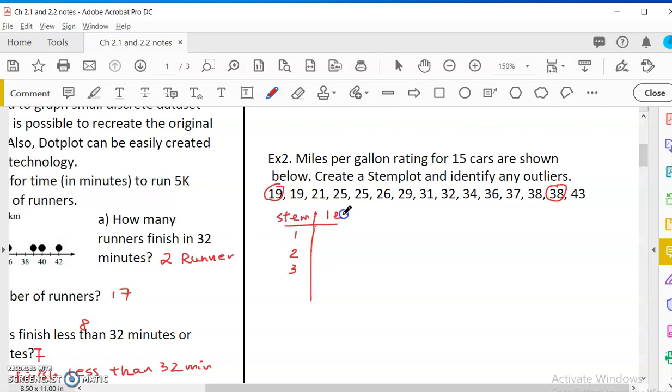The leaves are the last digit. So I have 19, another 19, 21, 25, 25, 26, 29, okay, 31, 32, 34, 36, 37, 38, 38. Oh, and then I have a 43, so that is it. Is this symmetrical or is it skewed? I think it's kind of symmetrical, right?